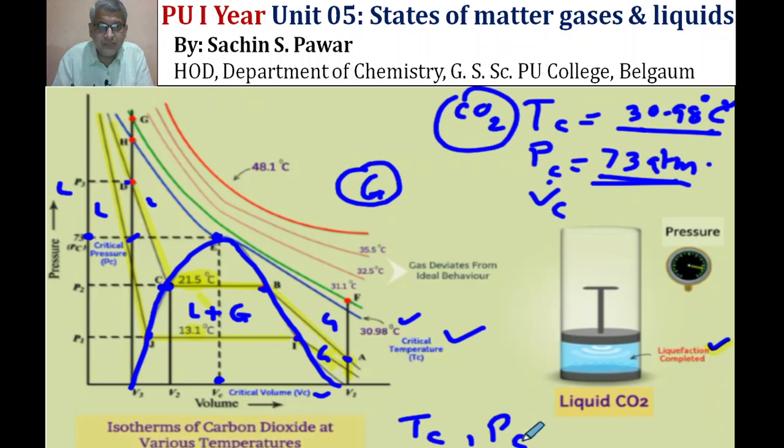At critical pressure, the liquefaction has just begun. The volume occupied by the gas at critical temperature and pressure is known as critical volume. So this is all about critical phenomena, liquefaction of gases.